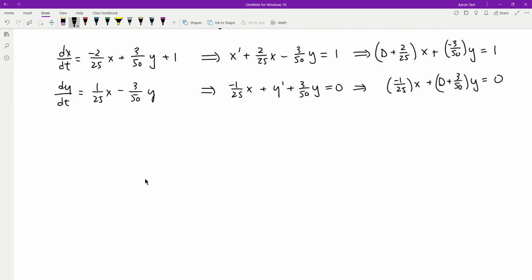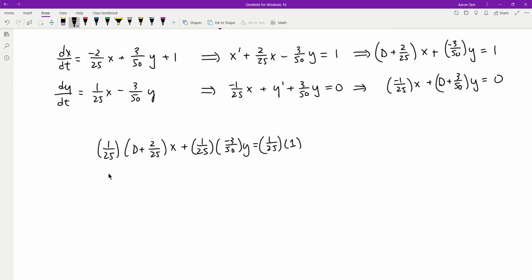So what I'm going to do is the following. It's really up to me which one I want to eliminate, so I guess I will get rid of the x. I'm going to multiply my first equation on top by 1/25. So I multiply everything in the first equation by 1/25.